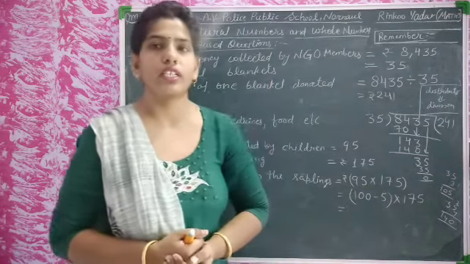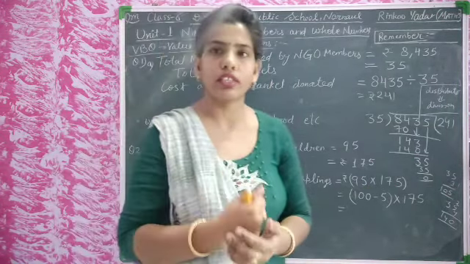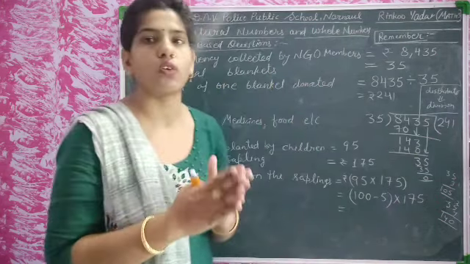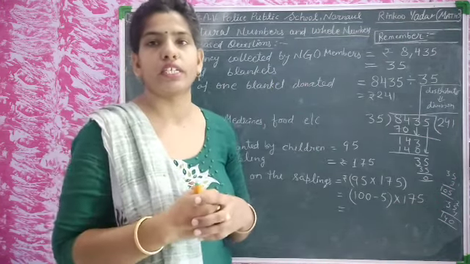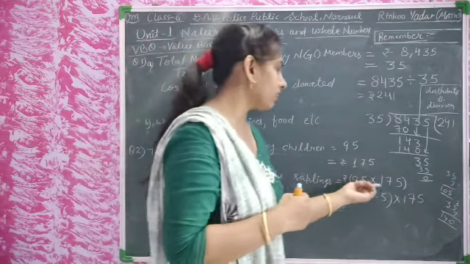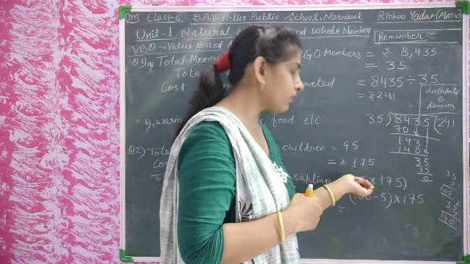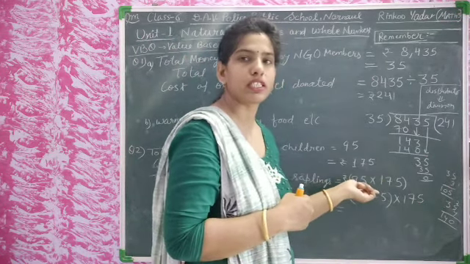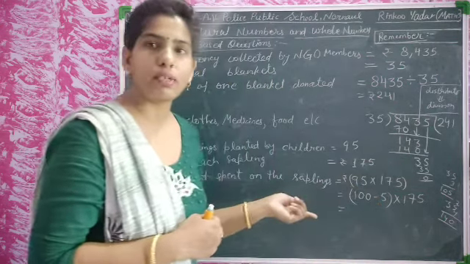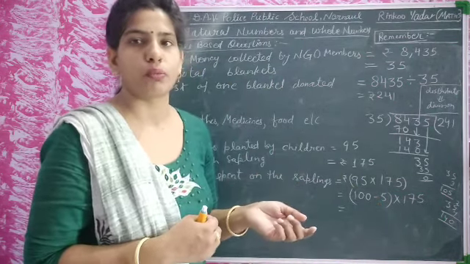But one more thing is given, that you are using only the distributive property, and you are not doing direct multiplication. You are doing this multiplication by the distributive property only.